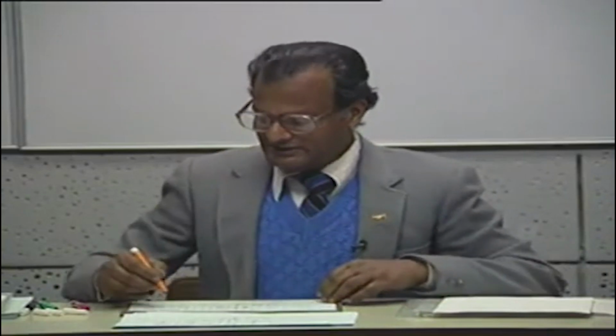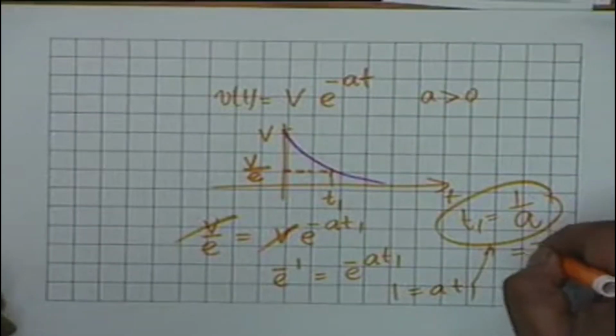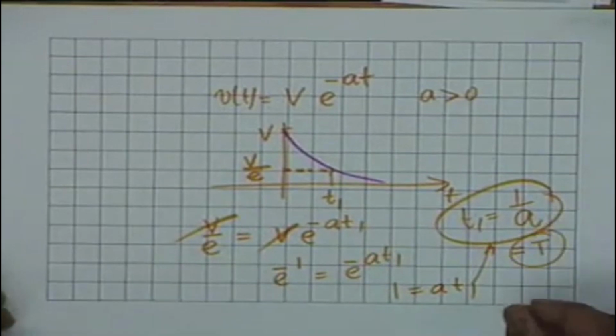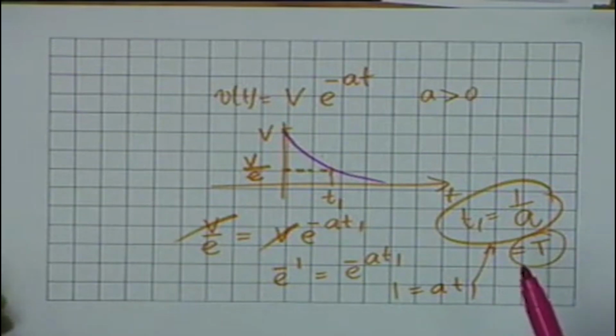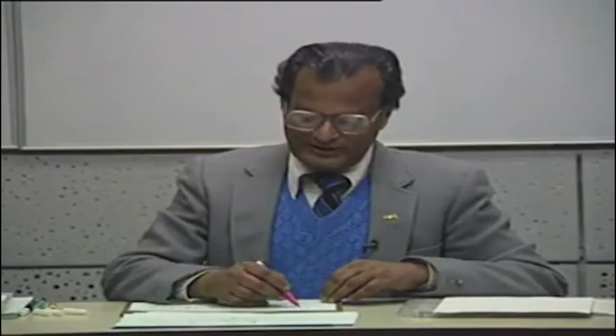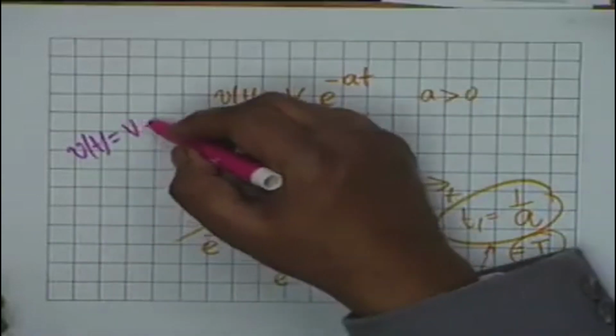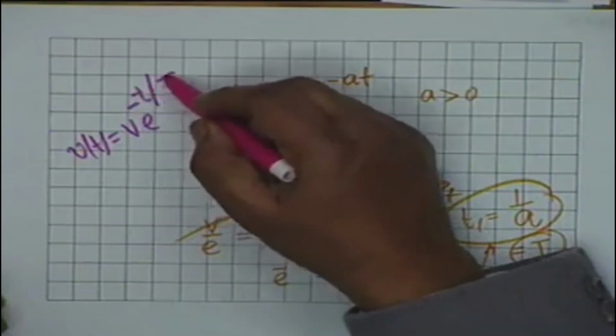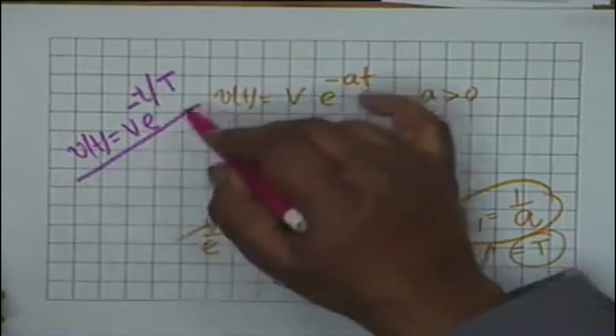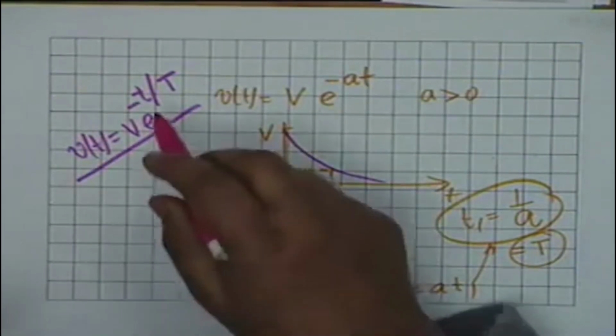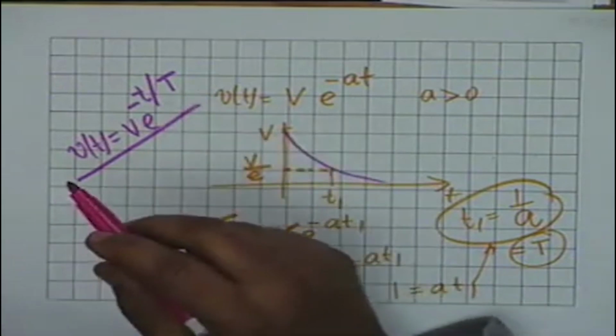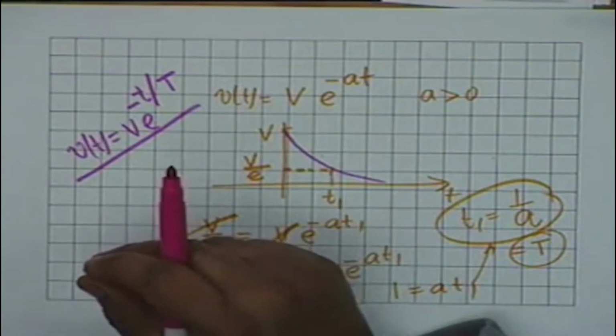It is called the time constant of the exponential waveform, and is denoted usually by capital T, the time constant. And therefore, in terms of the time constant, we could rewrite our exponential waveform as V e to the power minus t by capital T, which makes it obvious that when small t is equal to capital T, then the value of the waveform shall be equal to V by e.